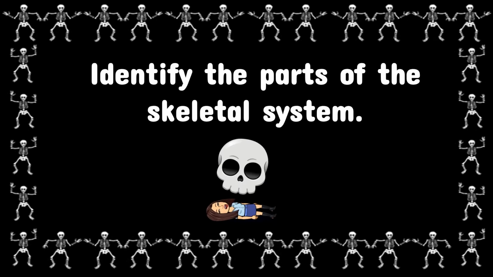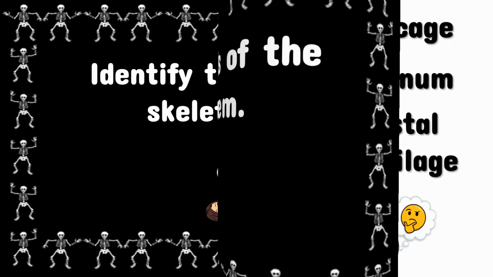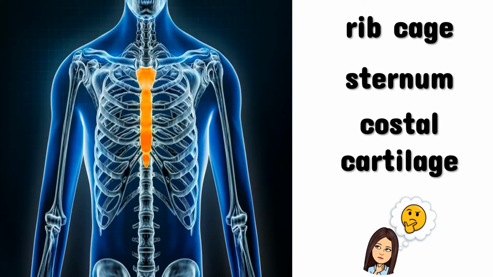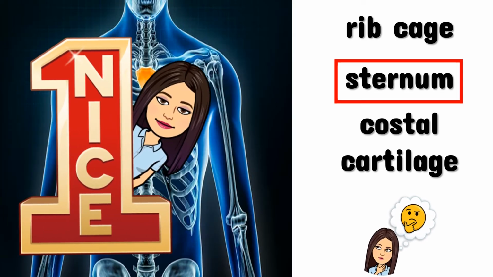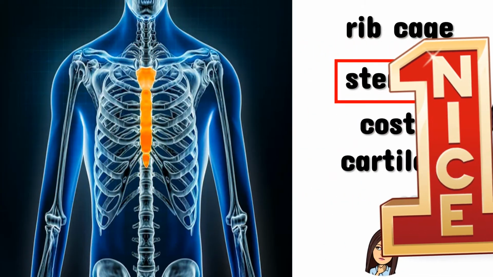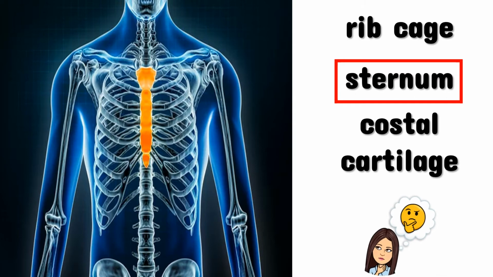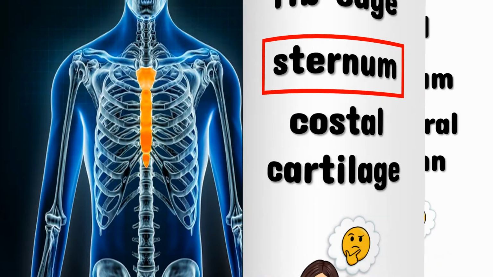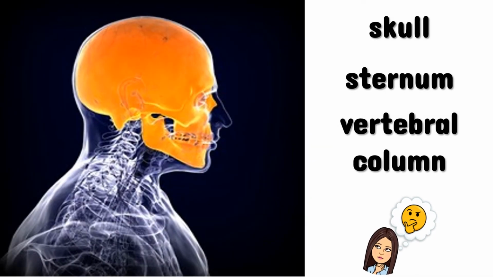Identify the parts of the skeletal system. Is this part a rib cage, sternum, or costal cartilage? And the correct answer is sternum. Is this the skull, sternum, or vertebral column?